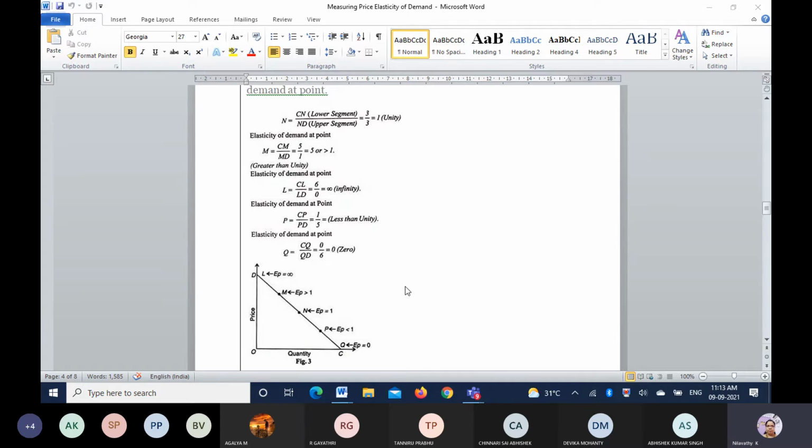And this is what the lower segment by the upper segment gives. So this is how we are calculating it. And if it is going to touch the y-axis, we call it perfectly elastic. And when it is going to touch the x-axis, we call it perfectly inelastic. That's all. So with the point alone, they have tried to explain it.